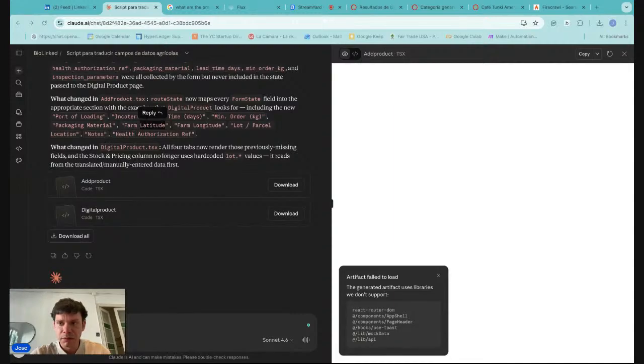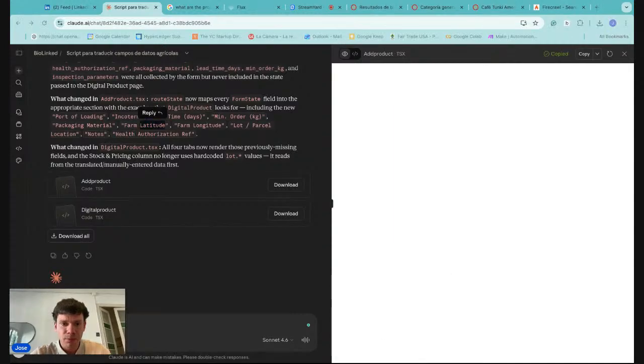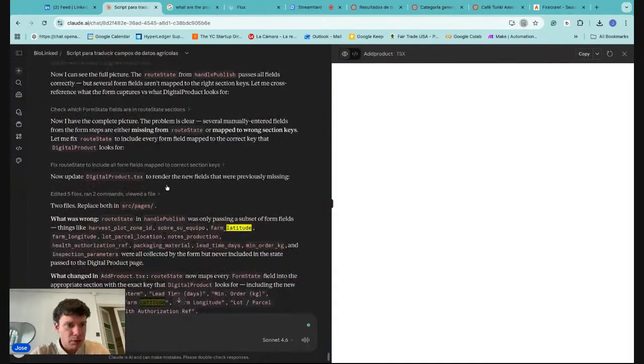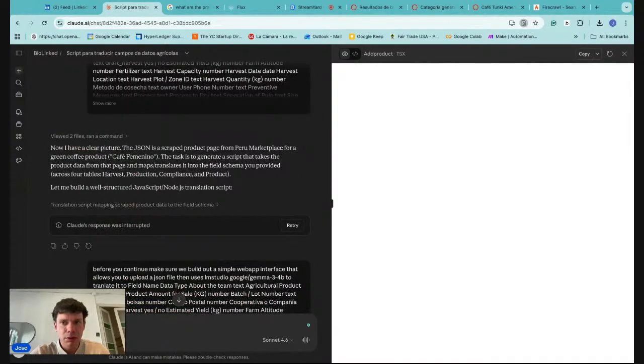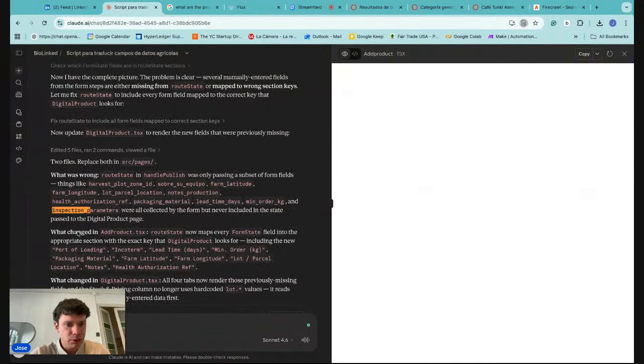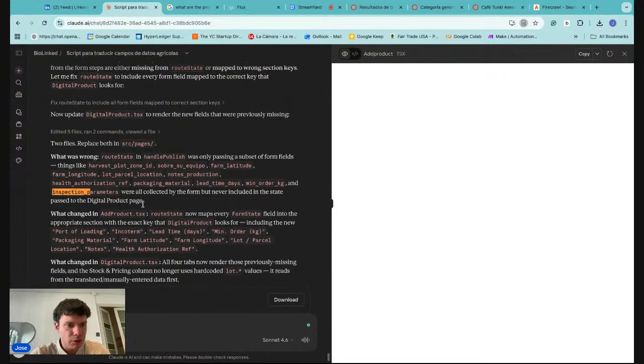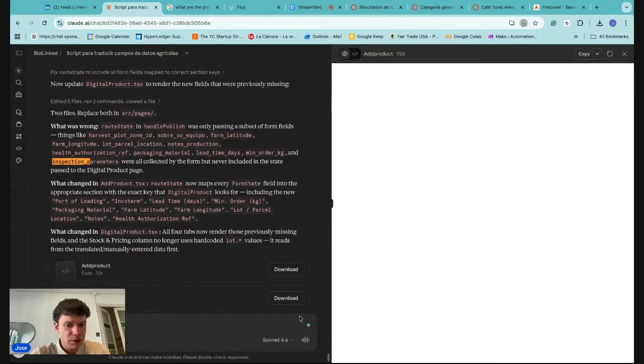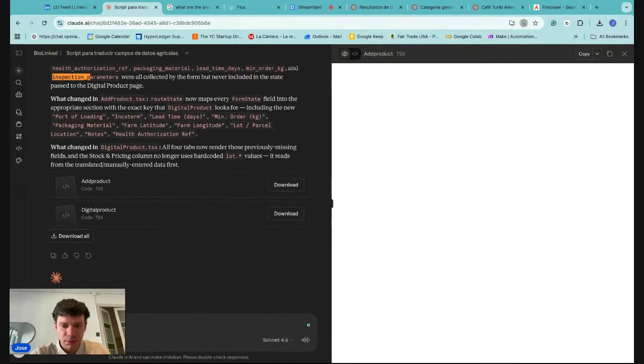All right, so now add product here. Oh, what have we got going on here? There's something here. Inspection parameters does not exist. Inspection parameters are all collected by the form, but never included in the state. So where are we at here?